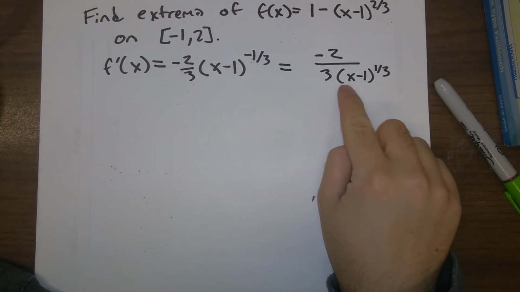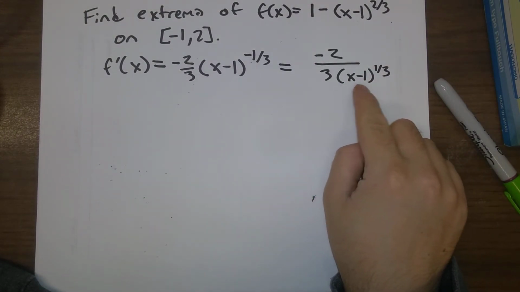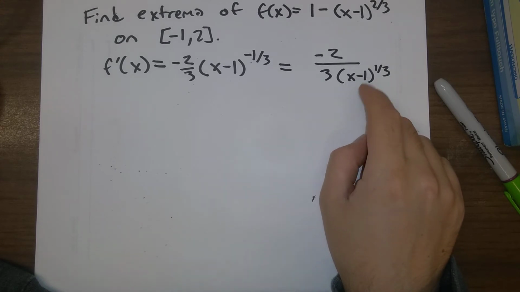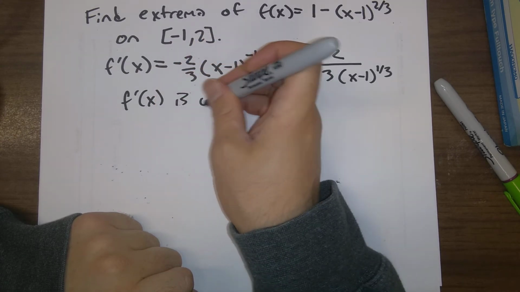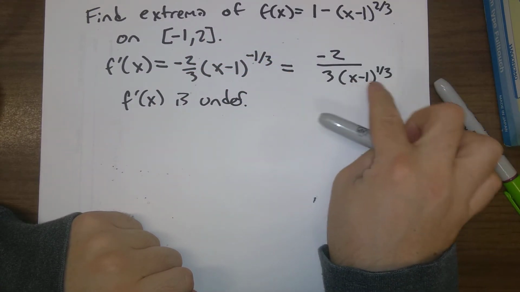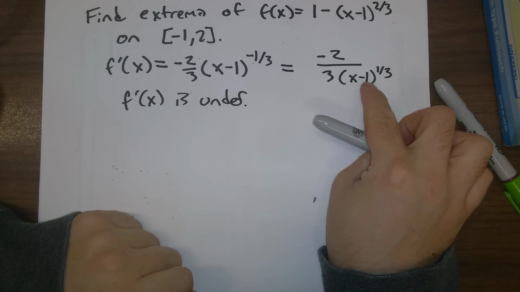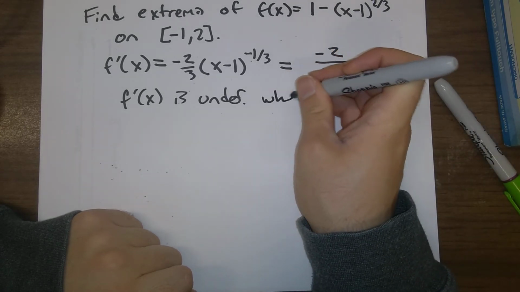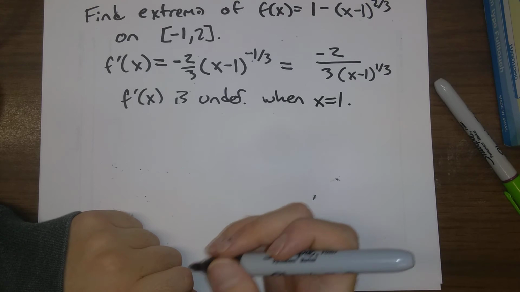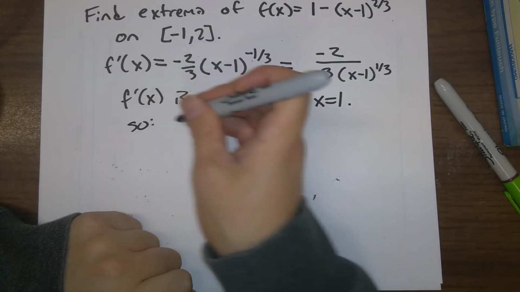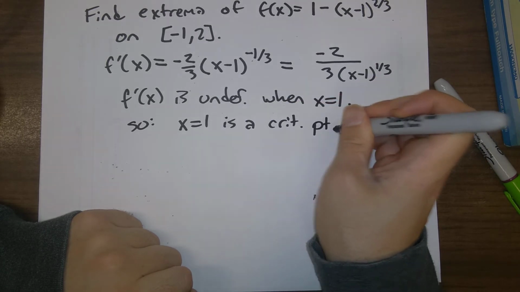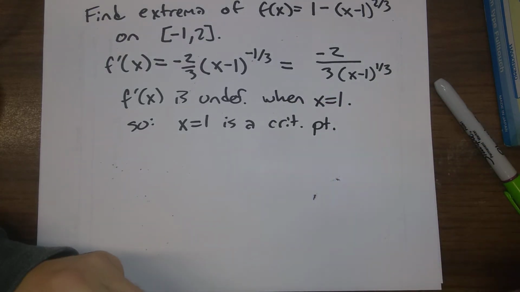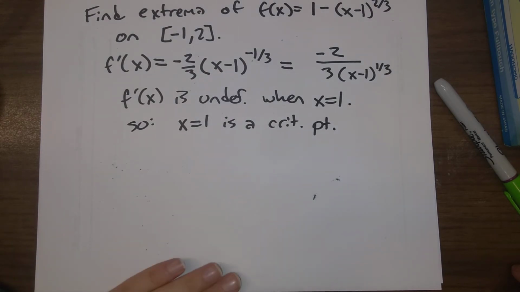However, we also have to think about whether the derivative is undefined. f'(x) is undefined when the denominator is 0, which is when x - 1 is 0, which is when x is equal to 1. So x = 1 is a critical point. In fact, it is the only critical point of our function. So we have identified the critical points.